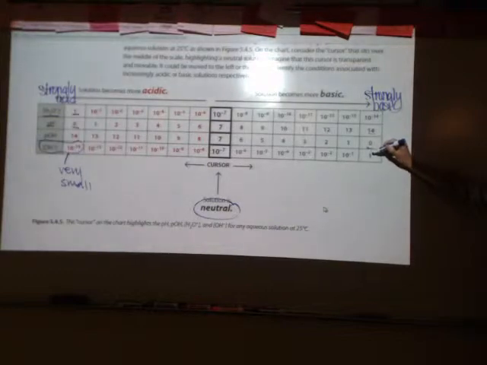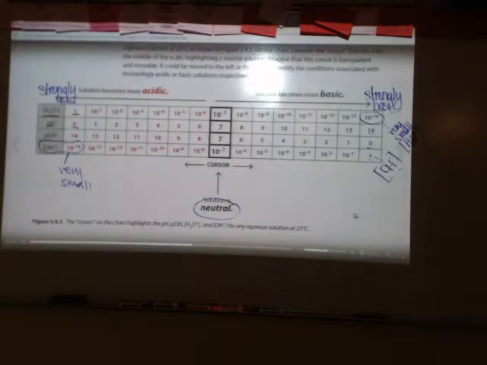Your hydroxide ion concentration will be close to 1. And your hydronium ion concentration will be very small. Okay? Let's use this information and do the practice problems on pH and pOH, and then we're done.